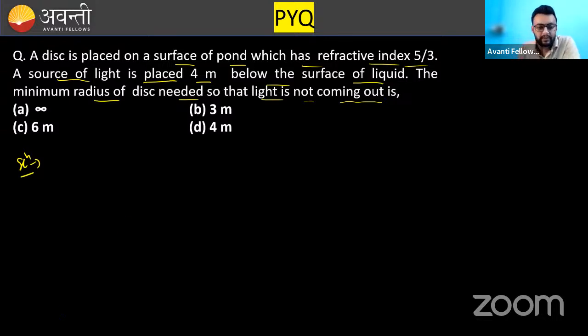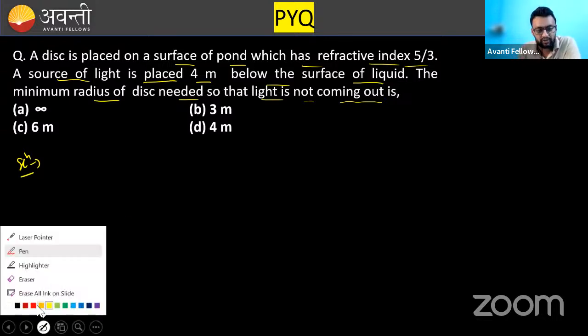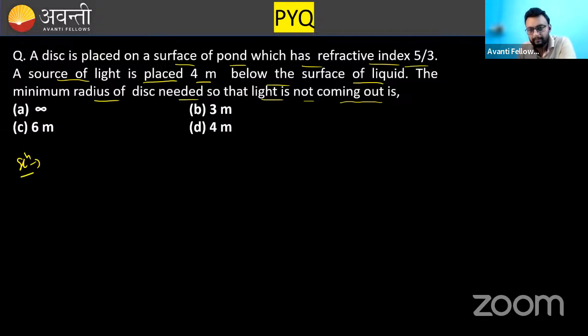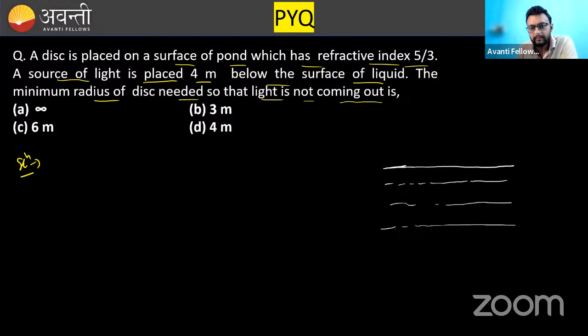How many of you were present in the last test paper discussion? Because this question is based on that only. Let's suppose this is a pond. Clear?